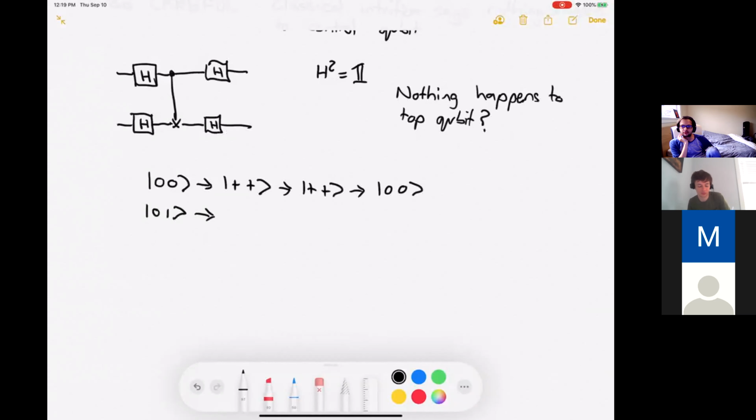Plus minus. Awesome, plus minus. Right, 0 goes to plus, 1 goes to minus. So this is now plus minus. Let's just write it out explicitly: 0-0 plus 1-0 minus 0-1 minus 1-1.